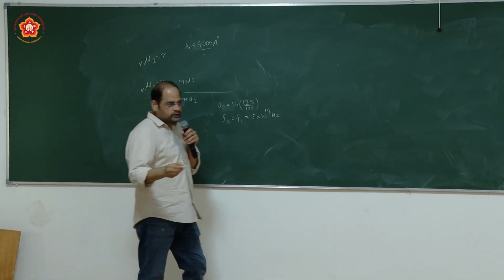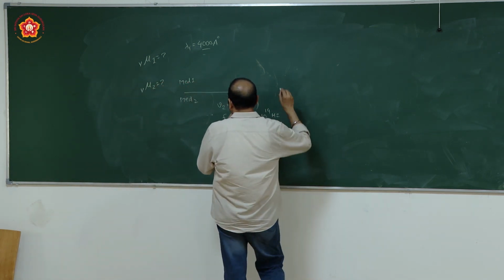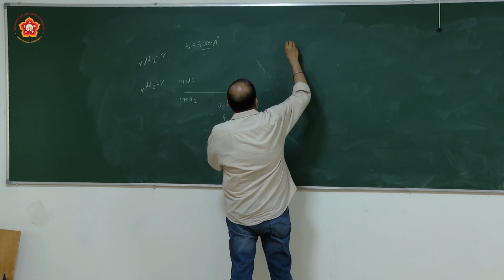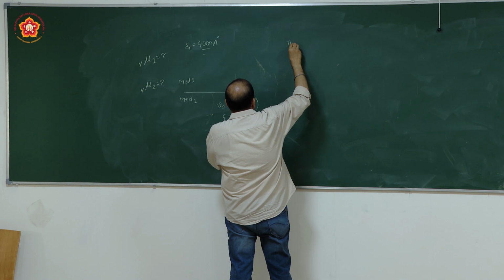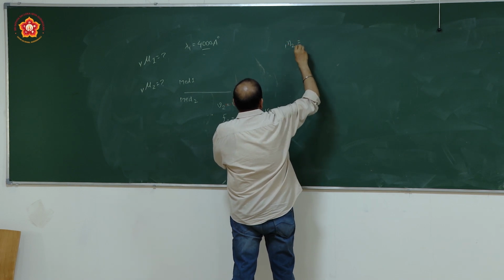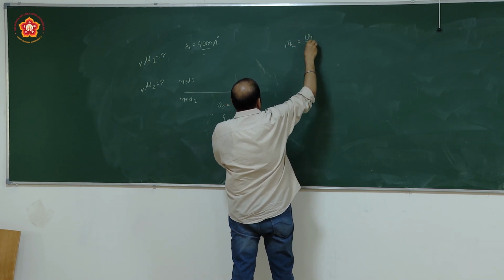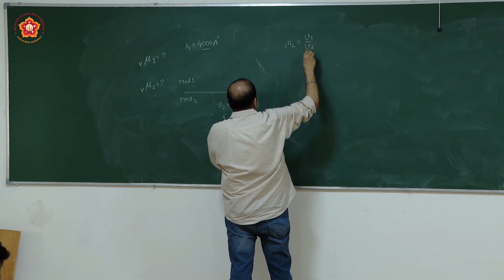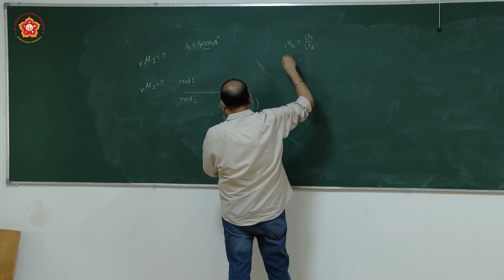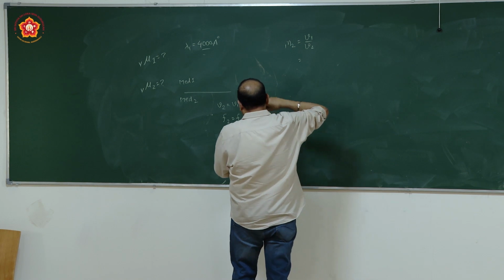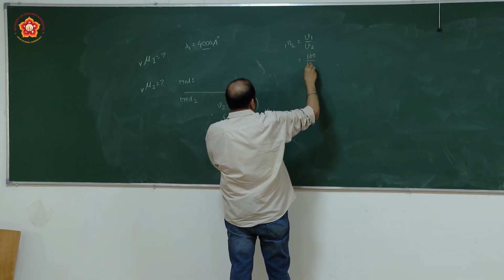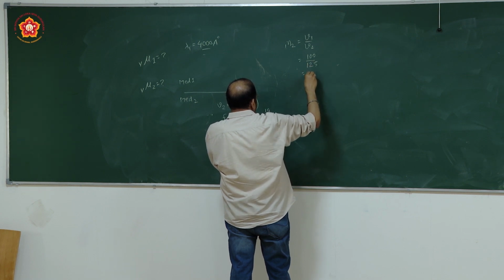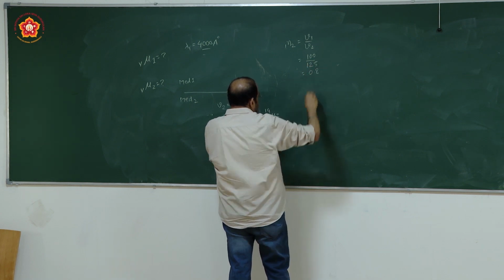Now, probably what you are doing is this: writing refractive index of second medium with respect to first as velocity in first upon velocity in second. So V1 by V2 is 100 by 125, so your answer would be 4 by 5. That was the reason why you were getting 0.8.